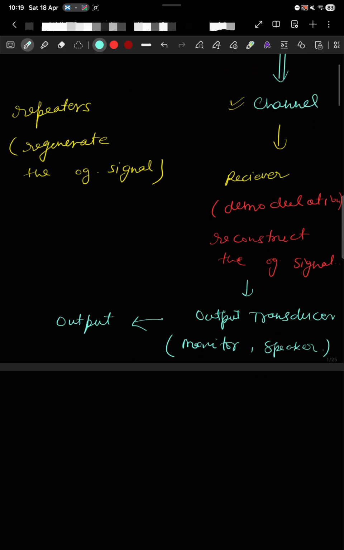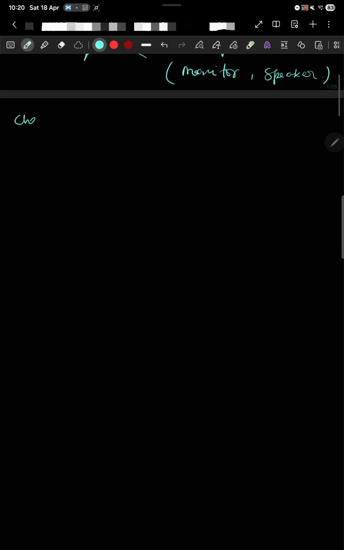Let's understand what happens inside the channel. So there are three important factors that affect signal transmission. First is bandwidth. Bandwidth means the range of frequencies a channel can carry. For example, a typical voice signal lies between 0 to 3 kHz.